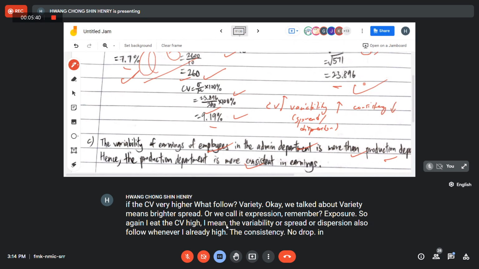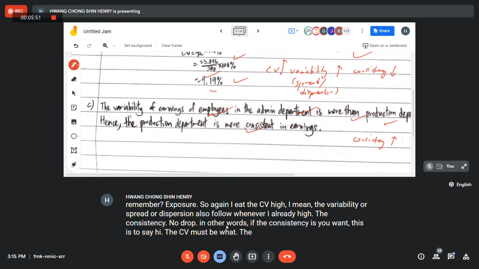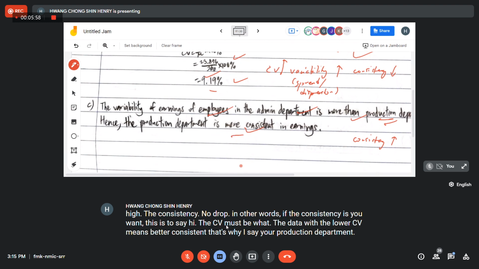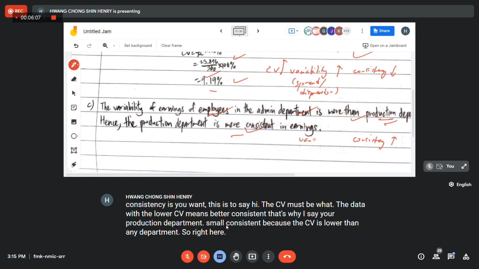In other words, if you want the consistency high, the CV must be what? Lower. The data with the lower CV is more consistent. That's why your production department is more consistent, because its CV is lower than the admin department. So right here, the variability is lower, which means the CV must be lower.